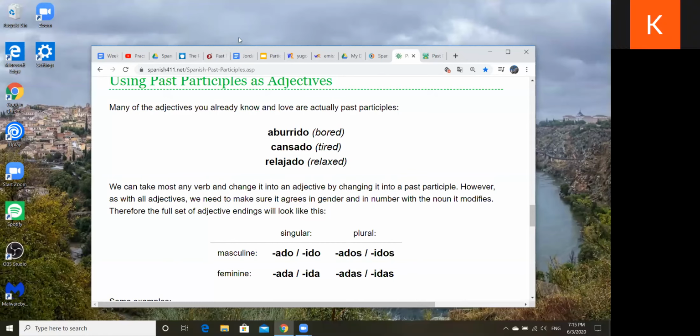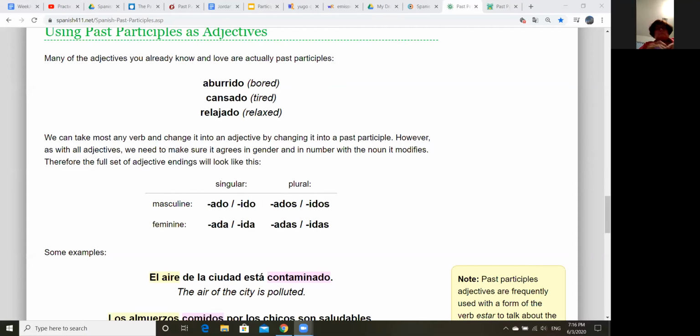Let me stop share and get it back on. I got my screens bouncing around. Momentito. Okay, a ver.